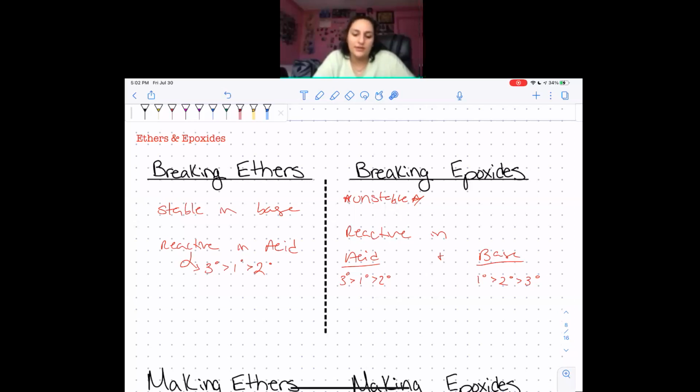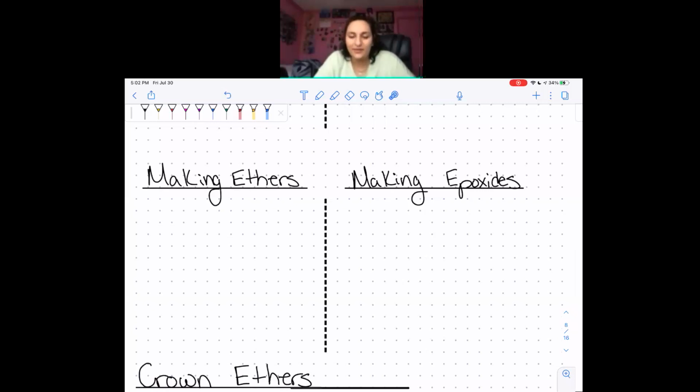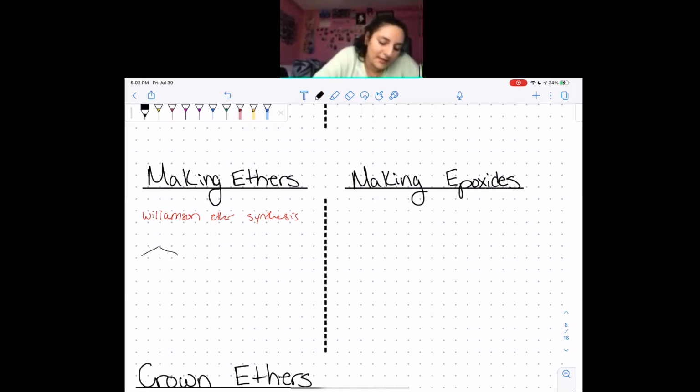Okay, so when it comes to making ethers and epoxides, we know that we have the Williamson ether synthesis. The Williamson ether synthesis is when we have an alkyl halide. Sorry.